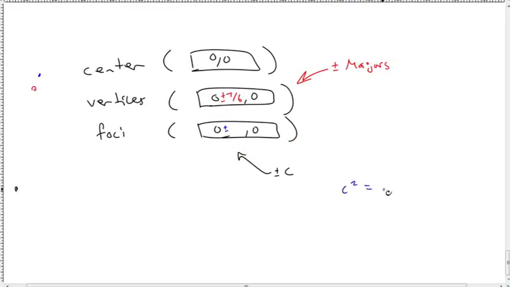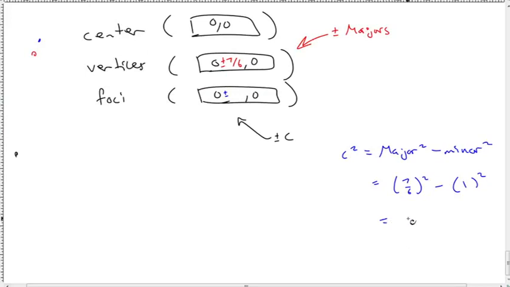There's C squared is equal to major squared minus the minor squared. So that's my formula. Again, some people do A's and B's and stuff like that. I don't really know. I just do major minor because, well, I know what the majors and the minors are. It looks like that. So I can just plug it all in very quickly. I get my answer. You could square root both sides.